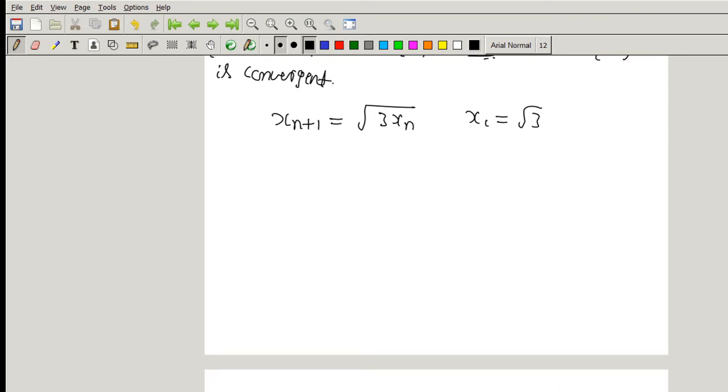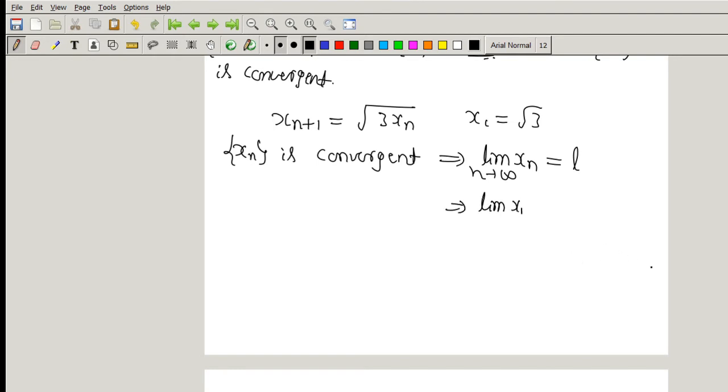If any sequence is convergent, here xn is convergent, which implies the limit of the nth term as n tends to infinity has some finite value, call it L. If limit of xn is L, then limit of x(n+1) as n tends to infinity is also L, which is the same as limit of x(n-1).